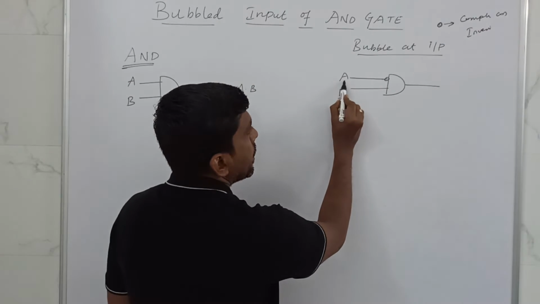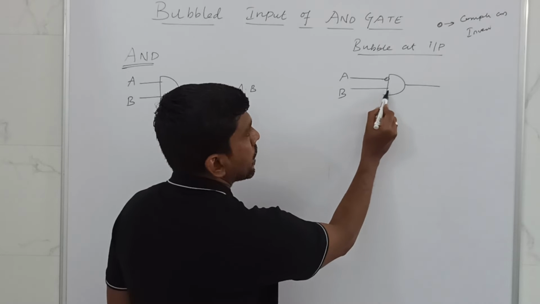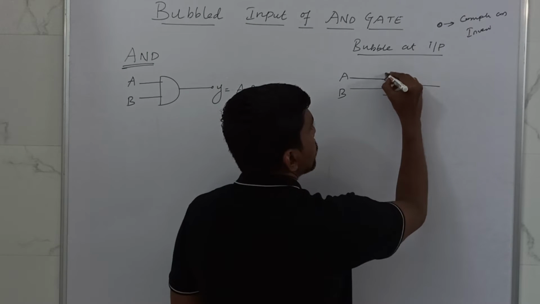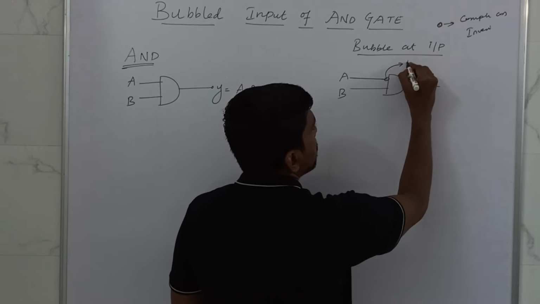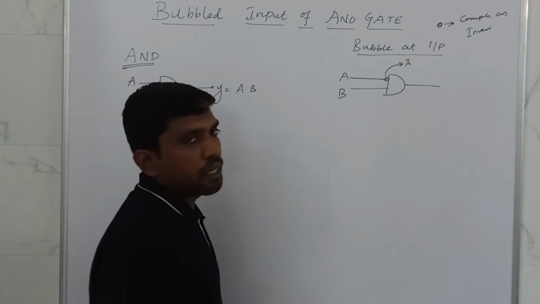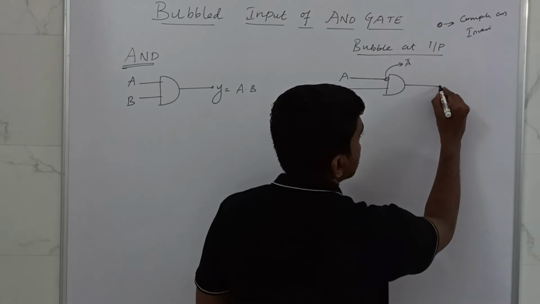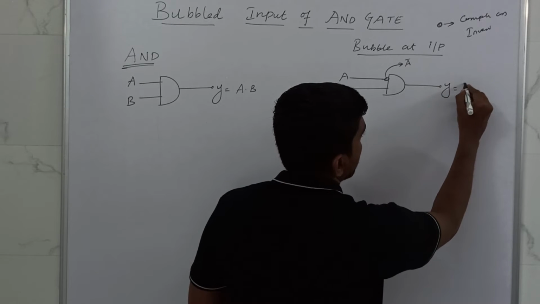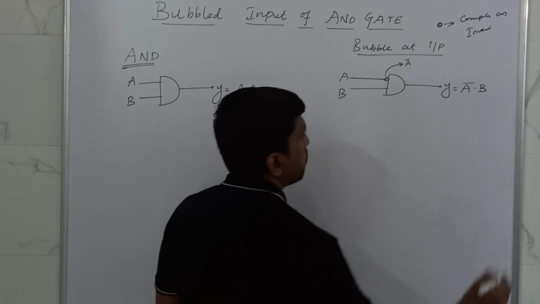So here A is connected to the bubble, and B is connected directly to the AND gate. Bubble means complement, so after the bubble you will get A bar. Y is the output. Here the Boolean expression is A bar dot B.